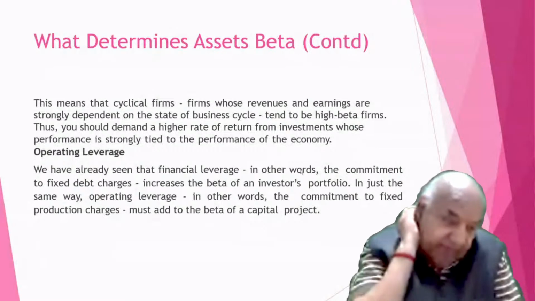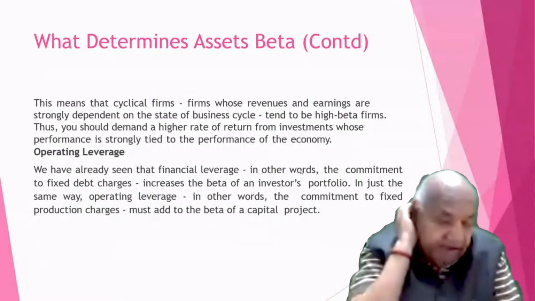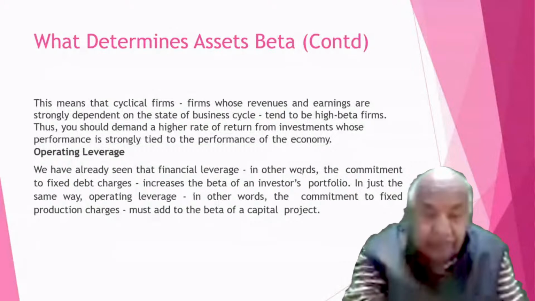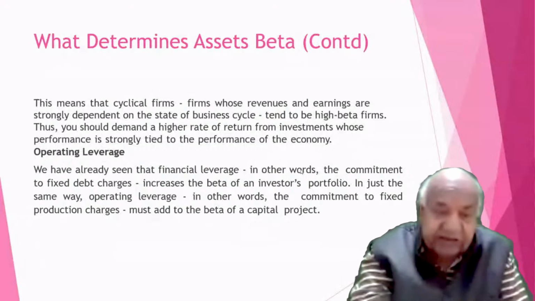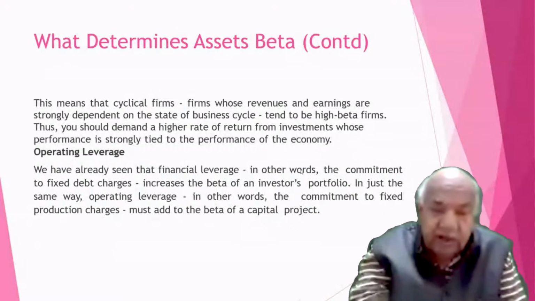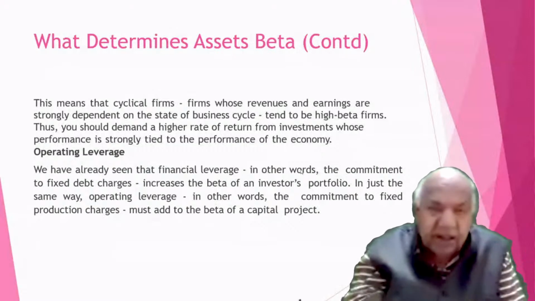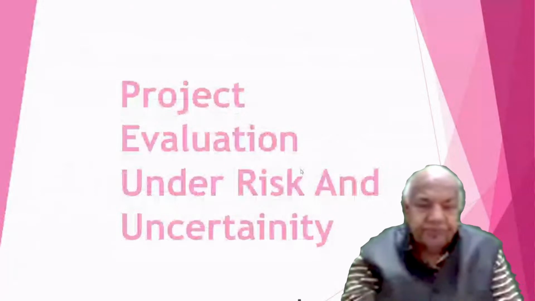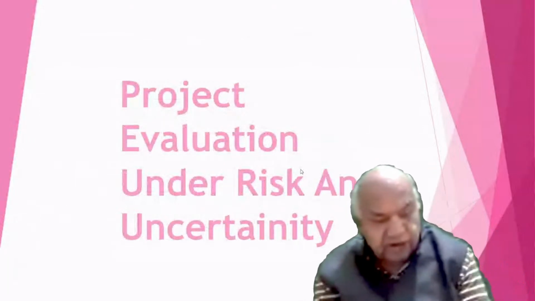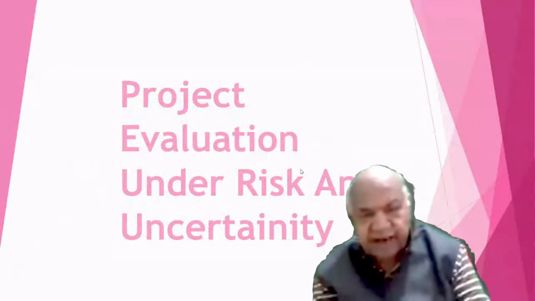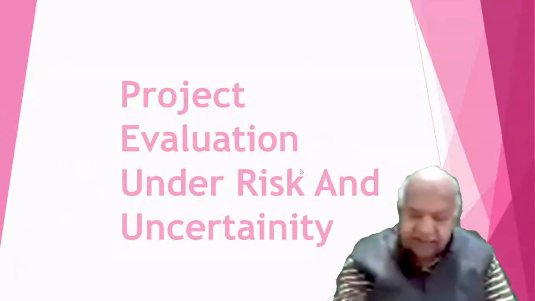In just the same way, operating leverage, in other words, the commitment to fixed production charges, must add to the beta of a capital project. Now the next part, project evaluation under risk and uncertainty.